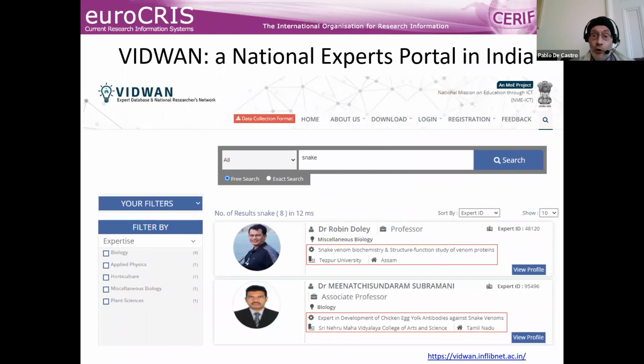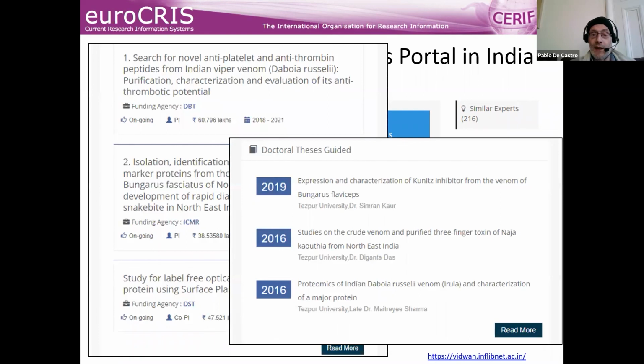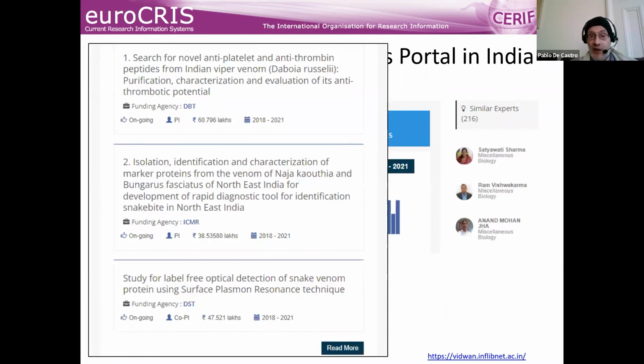If we click on the first one to see the record for the researcher, you can see a lot of publications as well, conferences, projects. We can click on the projects and see who is funding them. The DBT, ICMR, and DST are funding the projects.